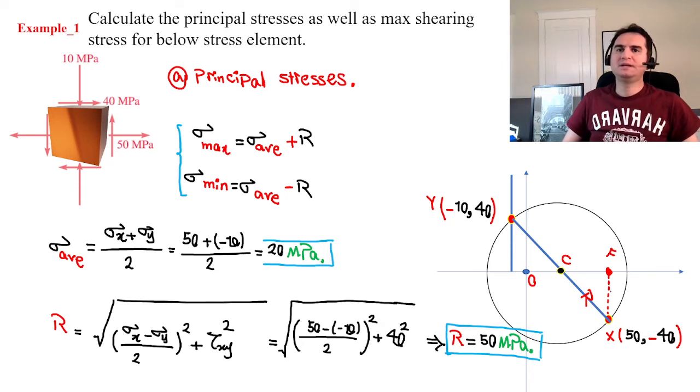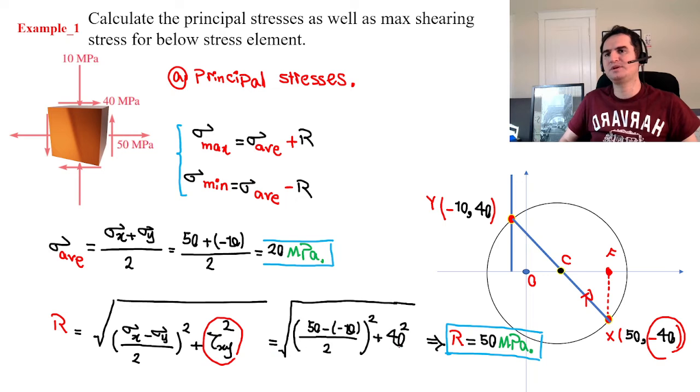XF is just the negative 40, that's tau xy, so that's 40 squared. But CF is just sigma x minus sigma y divided by 2, which gives you the numeric value from C to F.